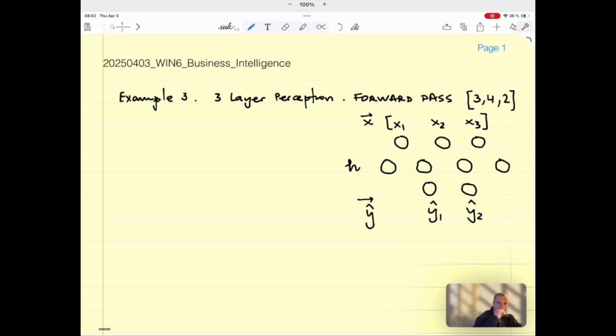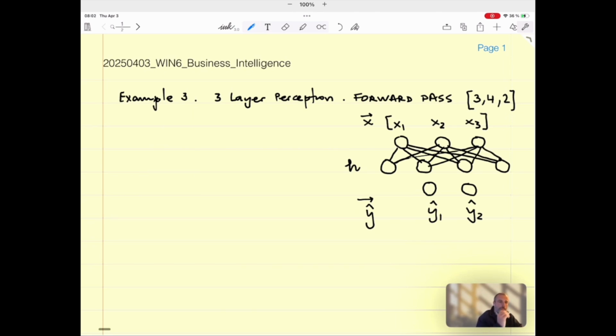And we have a weight matrix which is representing the relationships between all the nodes to each other. So our first weight matrix has a dimension of 4 by 3.